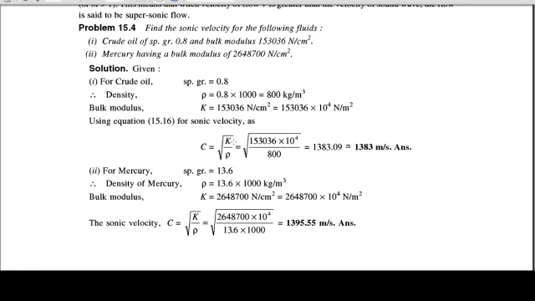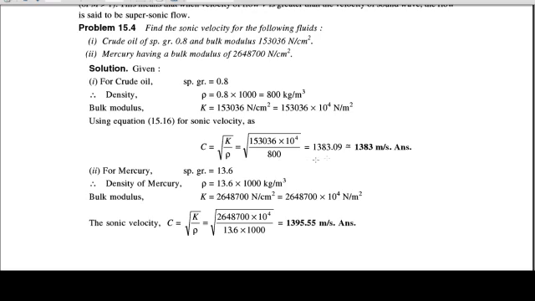As we know, the relation in terms of the bulk modulus for calculating the velocity of the sound is c is equal to under root of k upon rho. The value of c is under root of 153036 into 10 raised to 4 upon 800.